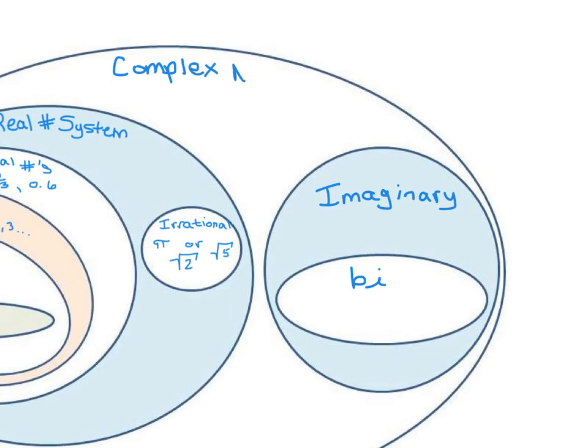So the complex number system is the ultimate superset, and it is generalized as a plus bi, as we just said. Over here in the real number system, b equals 0. There is no imaginary piece. And over here in the imaginary system, a equals 0. There is no real piece. So these two building blocks, if you will, come together to create the complex number system.